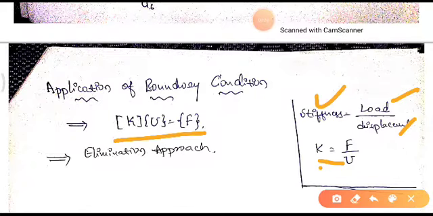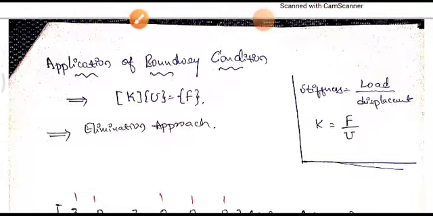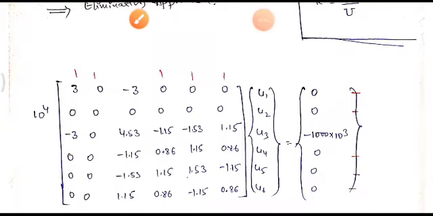equal to F. Once we define this equilibrium equation, we need to substitute the global stiffness matrix, global displacement vector and global load vector. After substituting the values, the next step is to apply the boundary condition.